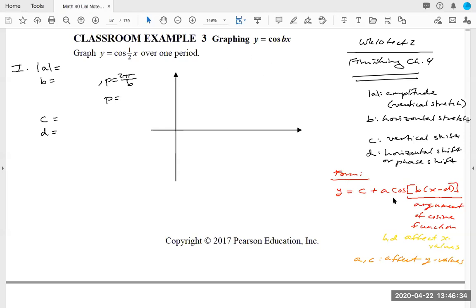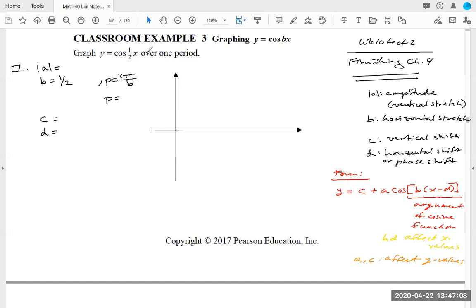So here, let's start with the parts that we see the most. We see a 1/2 inside of the argument of cosine. So b is actually going to be equal to 1/2. What else do we see? Not really much, right? In terms of what's in front of the cosine, if you saw another number, it'd be here.